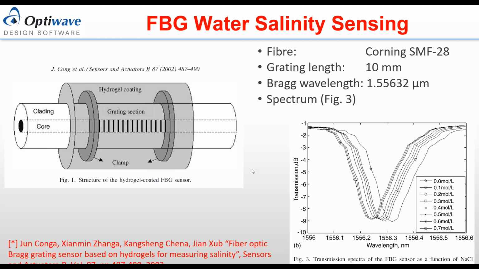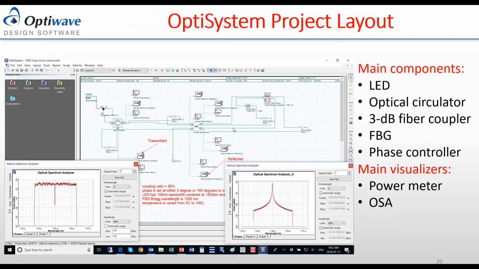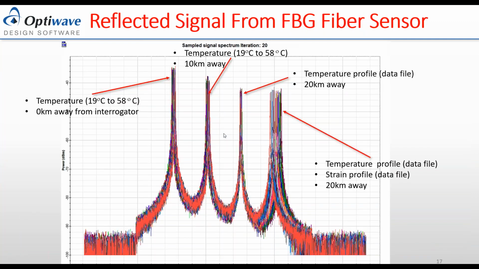Okay, let me see, here's a question. The question says, just to elaborate on the LED and CW laser. If you look at the design of the grating, let's take this example.